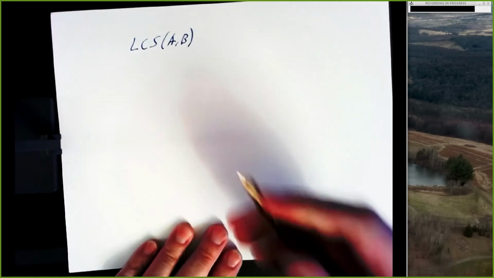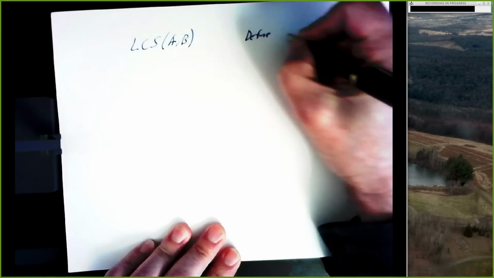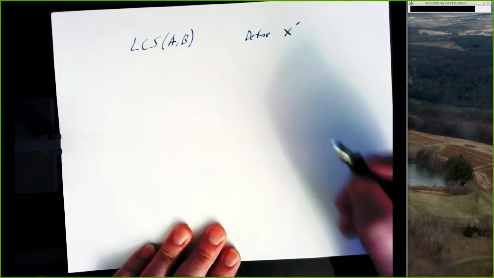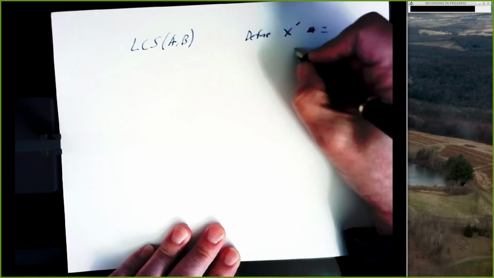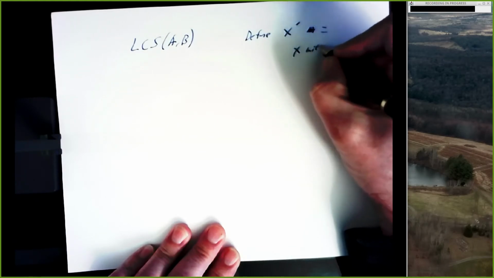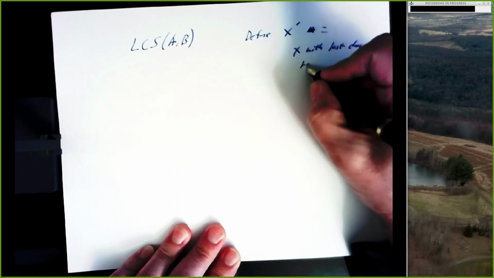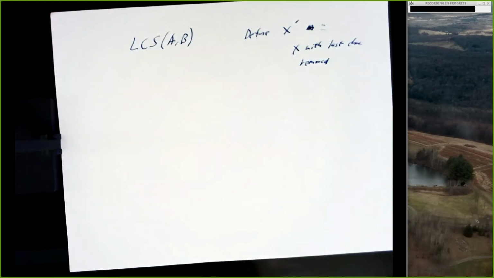And I'm going to make a definition here. If x is a string, I'm going to say x prime, or x with a little quotation mark, to be x with the last character removed. So this is a truncated version of a string x. So if x is ABC, x prime would be AB.